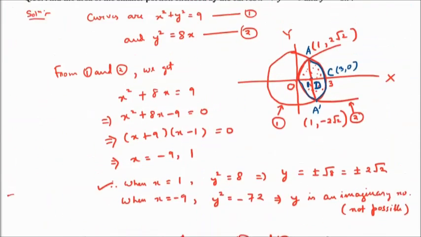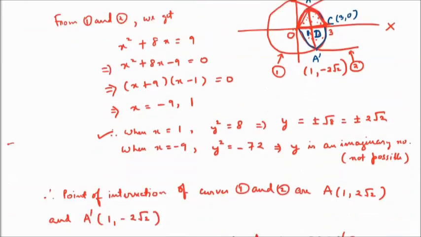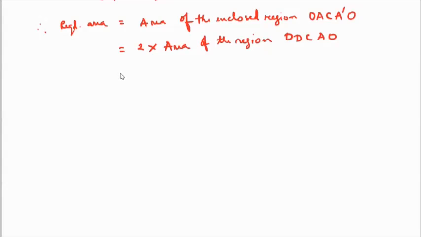Now this ODCAO, this region here, again I can divide into 2 parts. So how can I write? I can write this as 2 times the area of OADO plus the area of CADC.